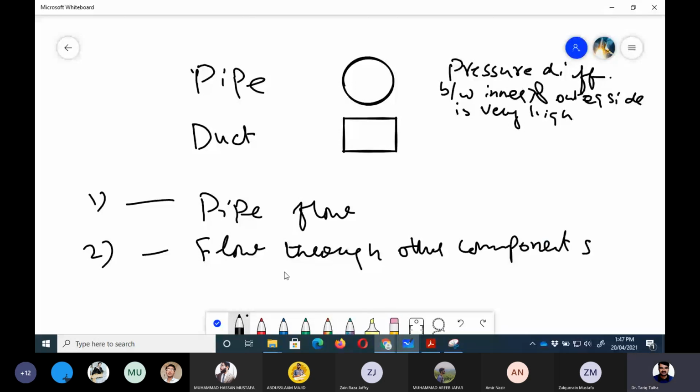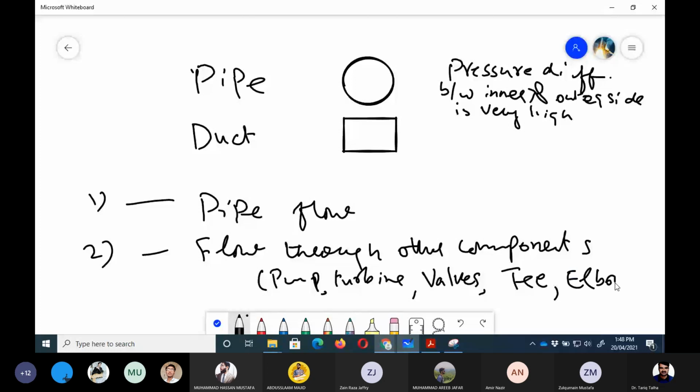Other components usually involve pump, turbine, then we have valves, T, and elbows, right?